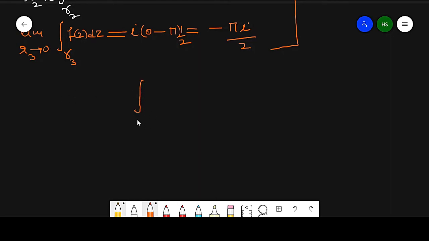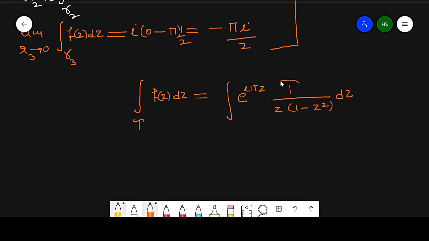That integration is over tau of f(z) dz. So what is this value? This value is basically e raised to the power iota pi z into 1 by z into 1 minus z square into dz.